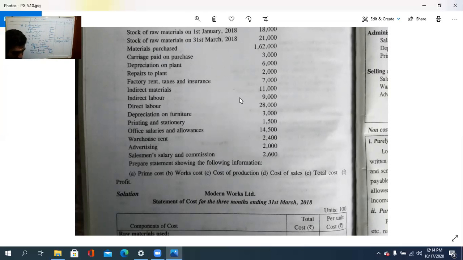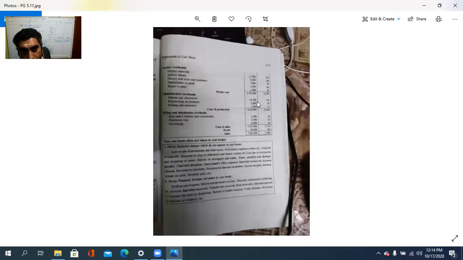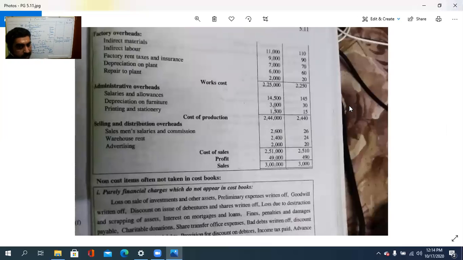So take the total. See, 14,500, 3,000 and 1,500. How much is it? 14,500 plus 4,500. It is 19,000.